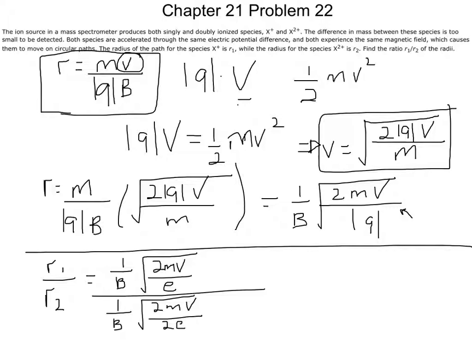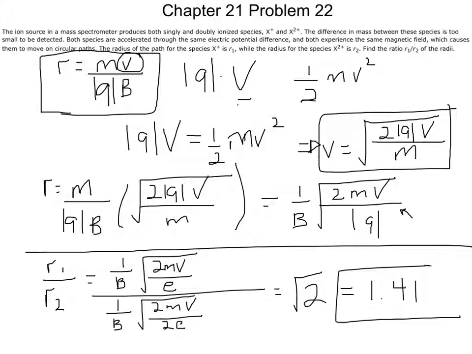Afterwards, pretty much everything is going to cancel out, and you're just going to be left with the square root of 2. You put that in your calculator, and the answer you'll get is 1.41. And that, I believe, is the ratio of R1 over R2 of the radius.